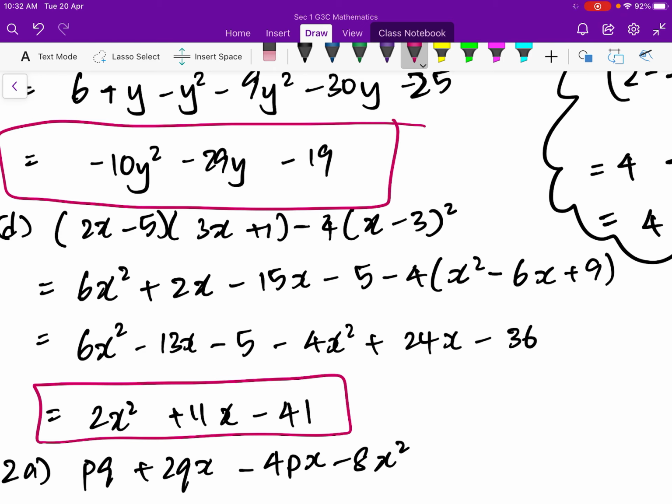This is sec 1 work. Any issues with part D? Zheng Jie, okay? Just furiously writing with your green pen. What does that mean?